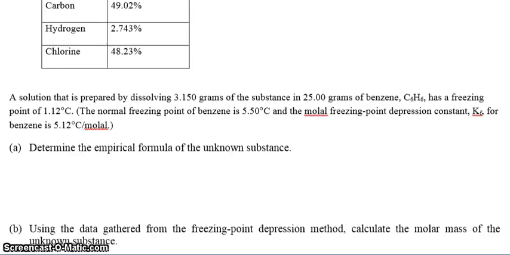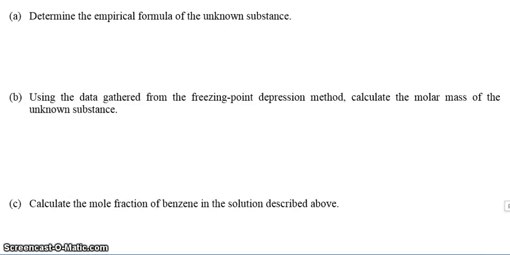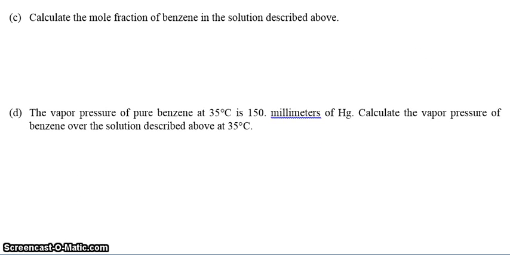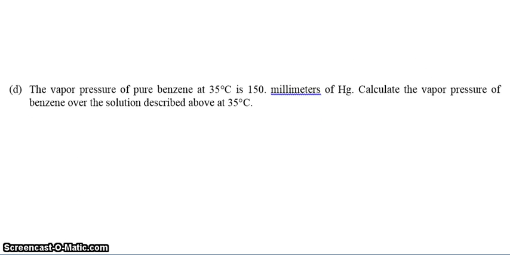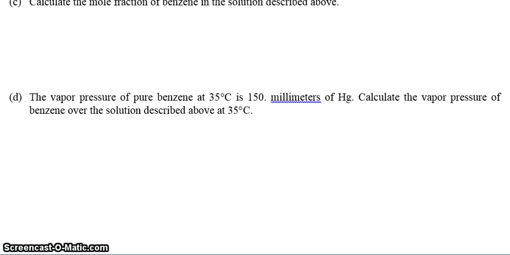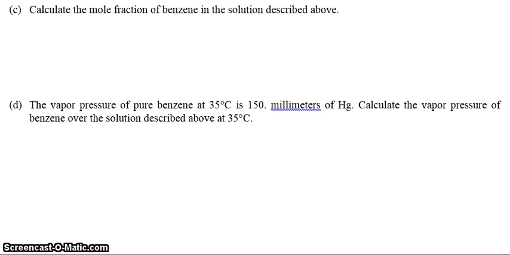In C, we're asked to calculate the mole fraction of benzene in the solution above. Remember that the mole fraction is really a calculation of concentration. Mole fraction of benzene, C6H6, will be the moles of benzene divided by total moles.